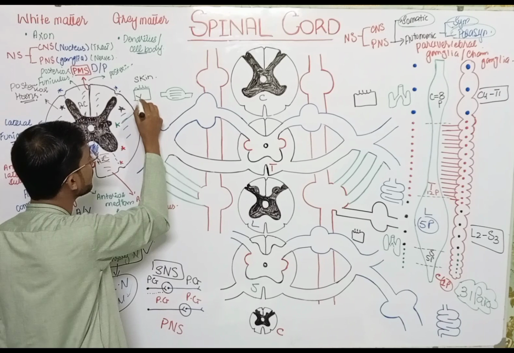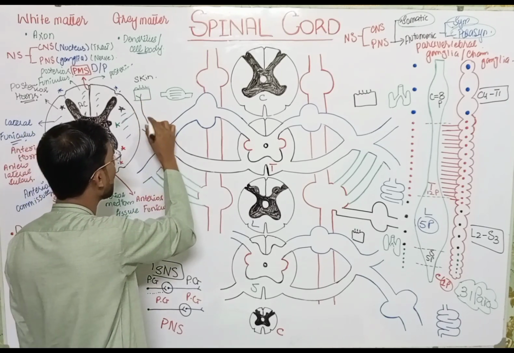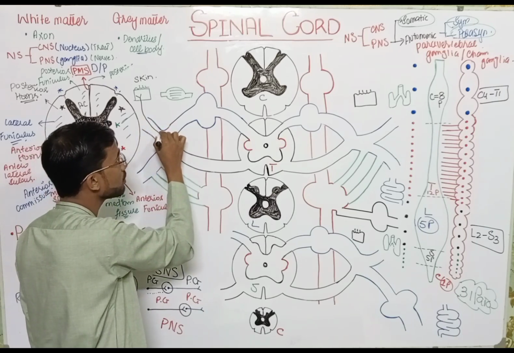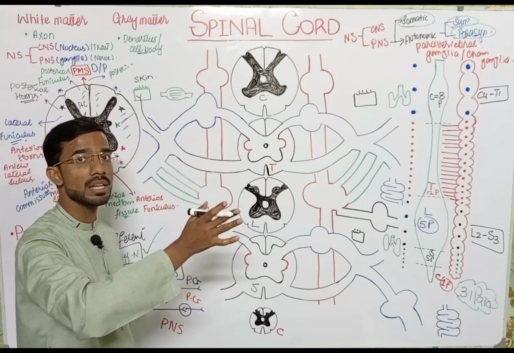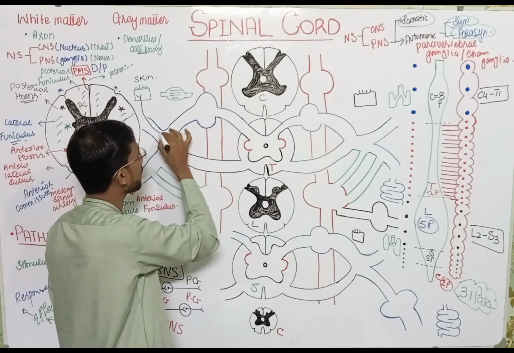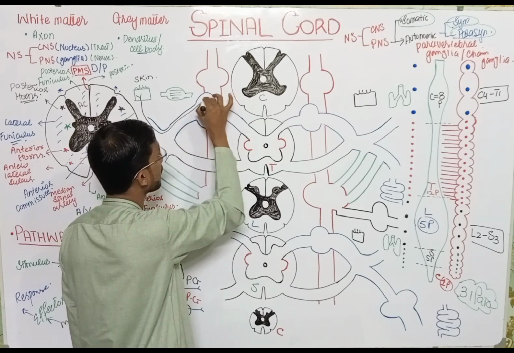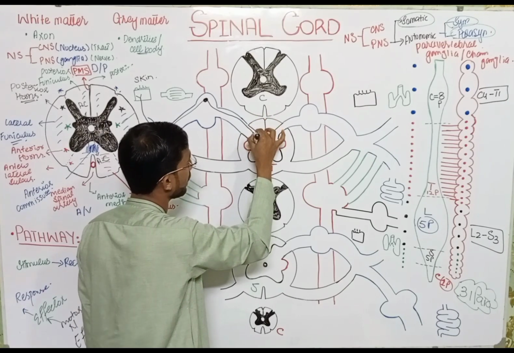The receptor gains the message and carries it through the sensory neuron toward the central nervous system, which is the brain and the spinal cord. The message goes through the sensory neuron, passes the ganglia, and ultimately reaches here.